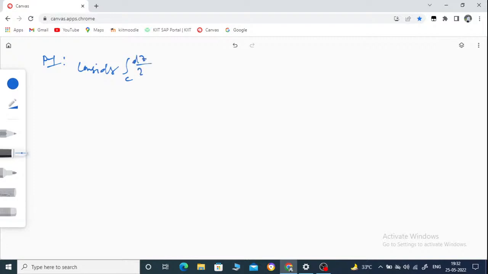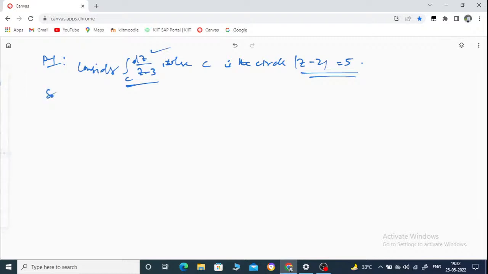We have to find this, where C is the circle |z − 2| = 5. The curve C is given to you, and you have to evaluate the integration over C of dz divided by z minus 3.